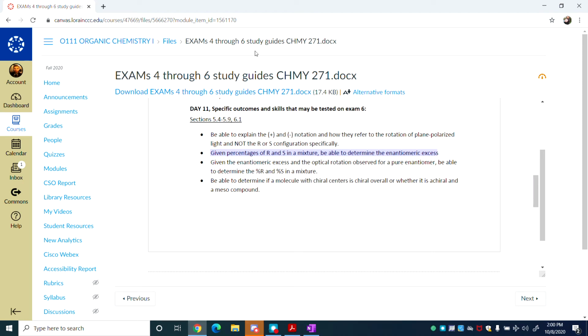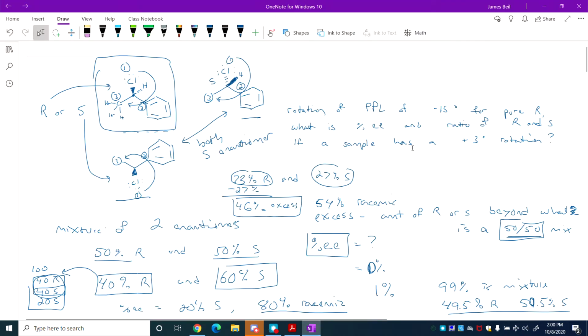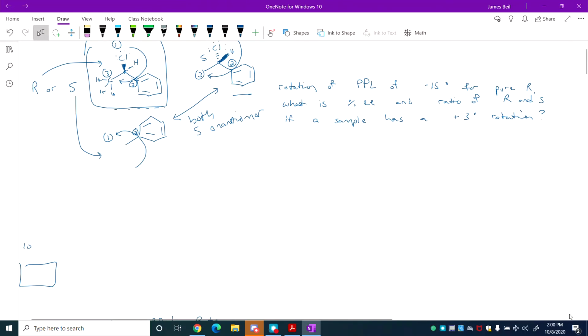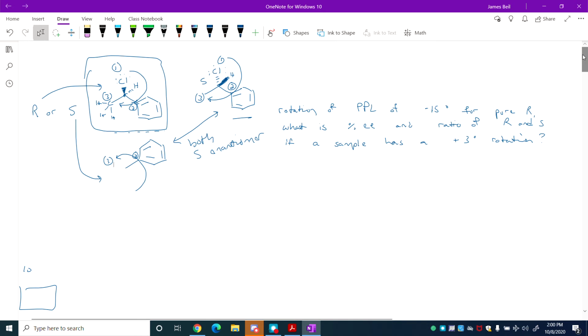Alright, so here we're given an excess and an optical rotation for a pure enantiomer. We want to be able to determine the amount that's R and the amount that's S. I wrote this question before, anticipating we might want to look at an example like this.